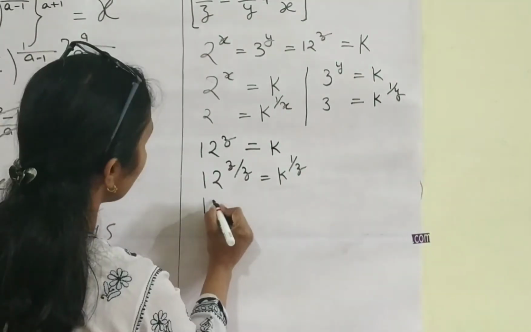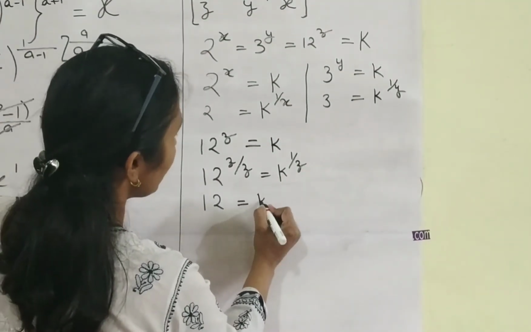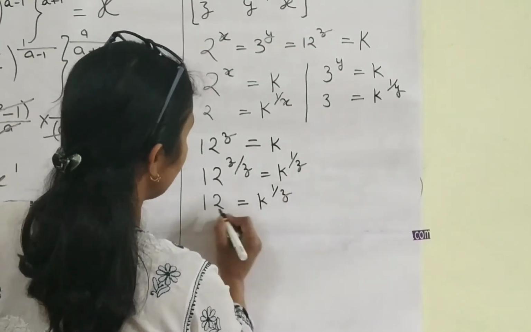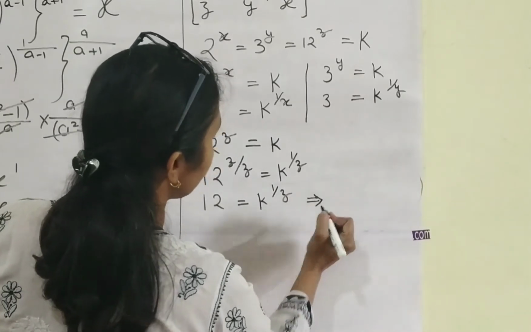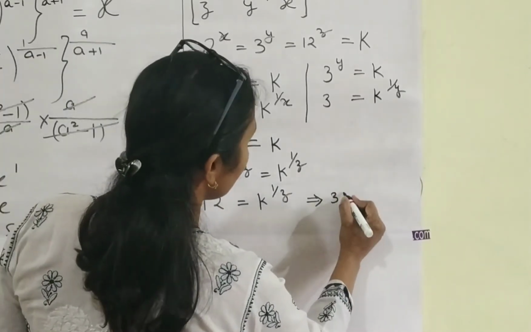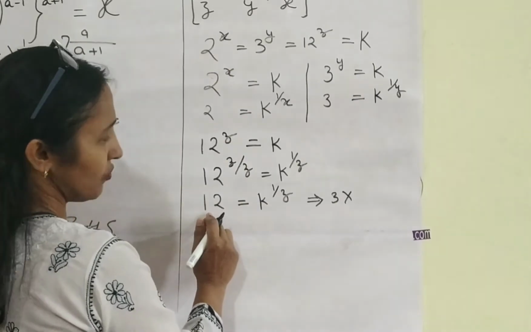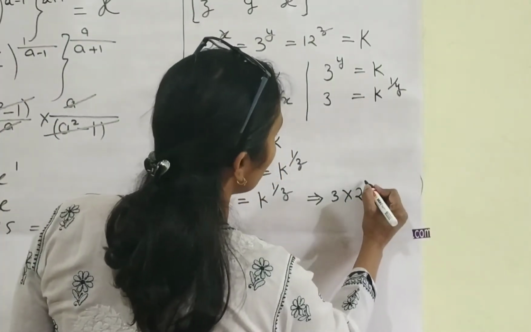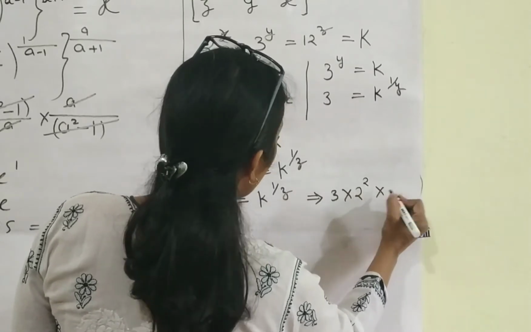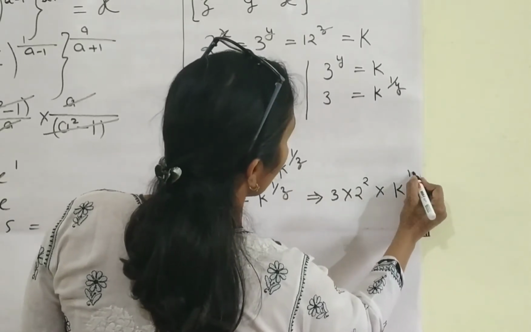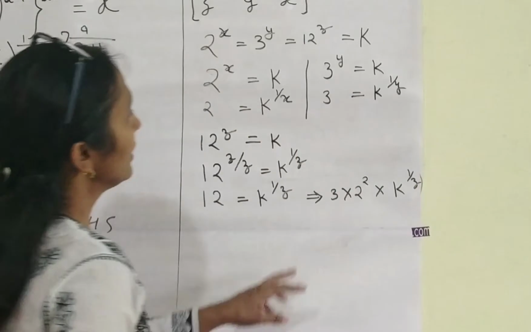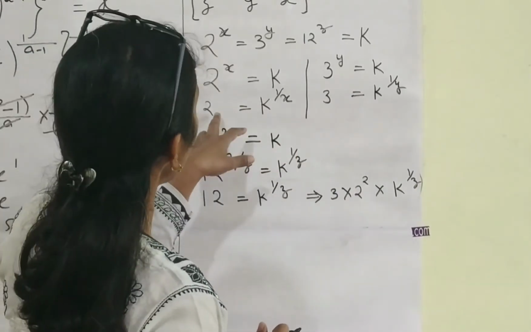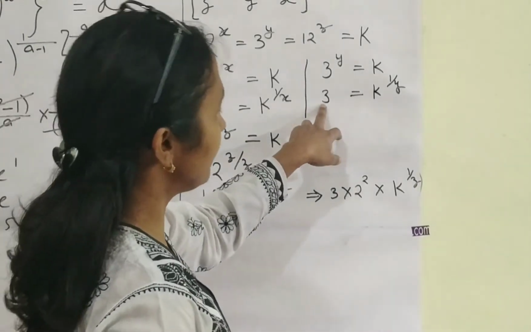So it will become 12 equals k 1 upon z, and we can write it as 3 into 4. 12 will become 3 into 4, means 3 into 2 to the power 2 equals k 1 upon z. Now we will put the value of 2 and 3.